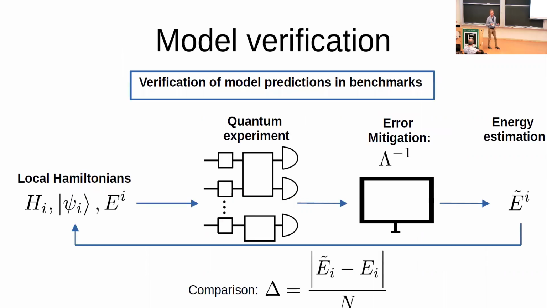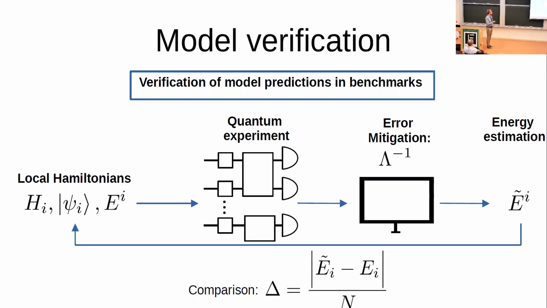Okay, so we have a model, but now the final question is: is it really accurate, and to what extent? In order to check this, we did some benchmarks. One of them is that we chose some local Hamiltonians composed of Pauli Z operators, so we can easily find eigenstates of that Hamiltonian and also eigenvalues, and so we know what the energy of this eigenstate is.